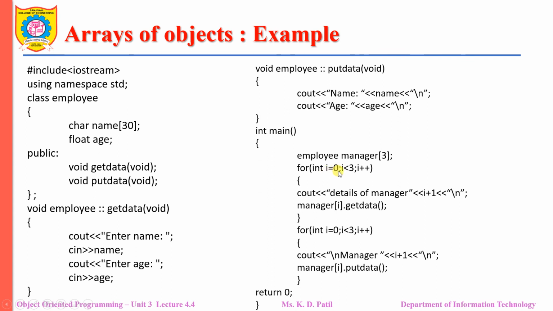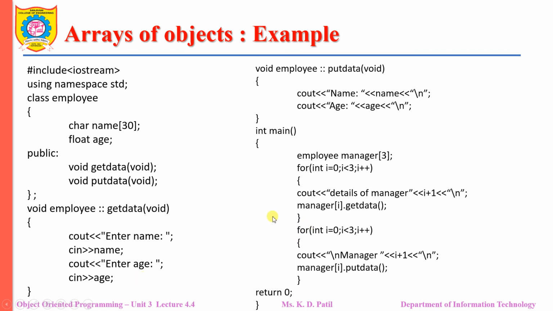Now for i is equal to 0, I will enter the details of a manager, and through the get data function I will accept the age and name of that manager. Now when i is equal to 0, at the 0th location, at manager of 0, the value of name and age will be stored.